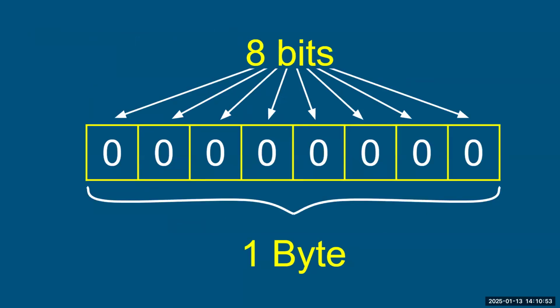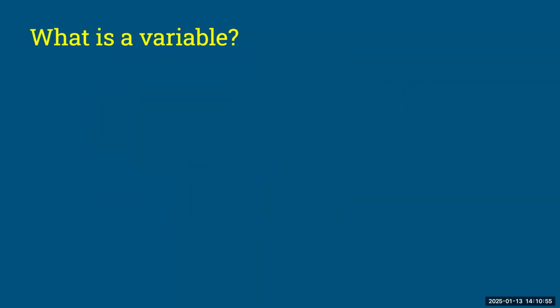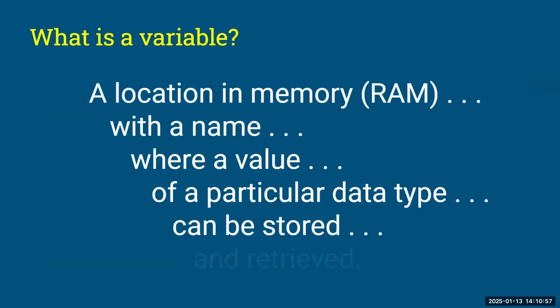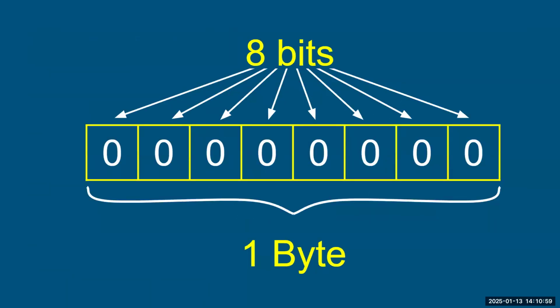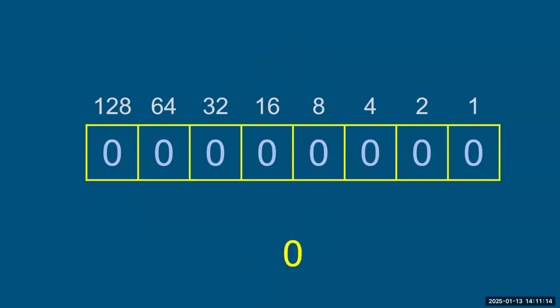So when we talk about zeros and ones, we put 8 of these together, and it's called 1 byte. So 8 bits makes a byte. 1 byte of memory, 8 bits. And each byte can represent a value.